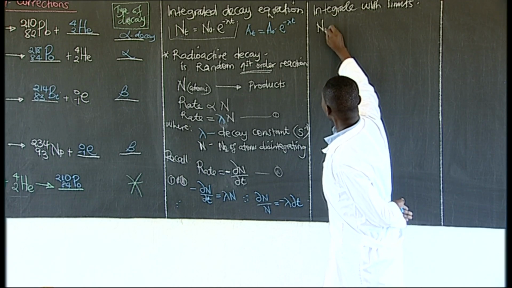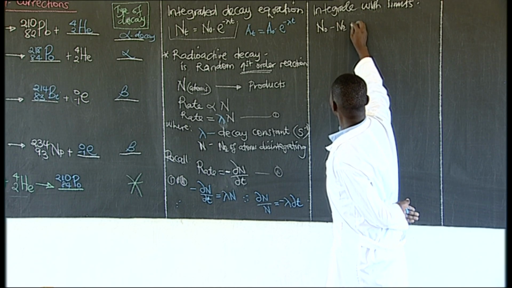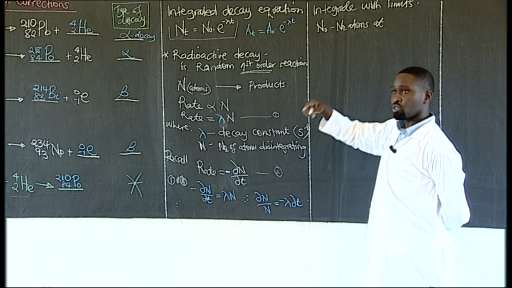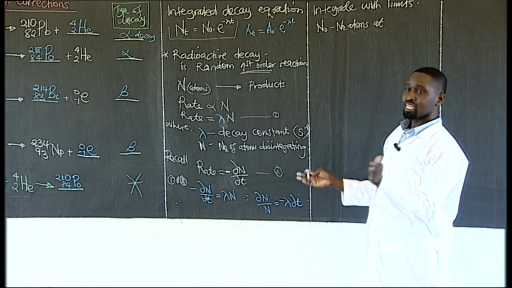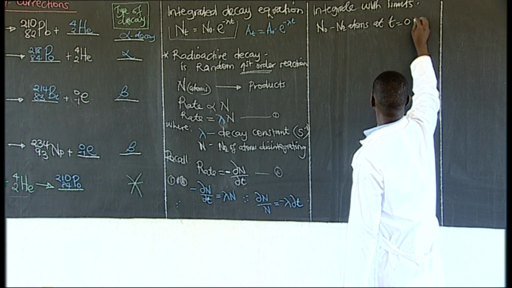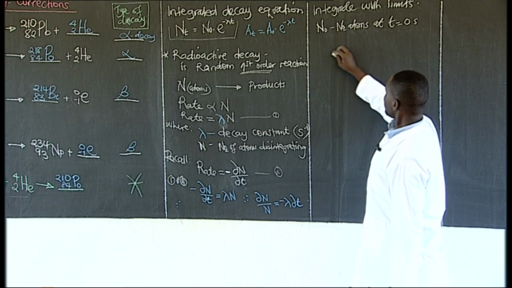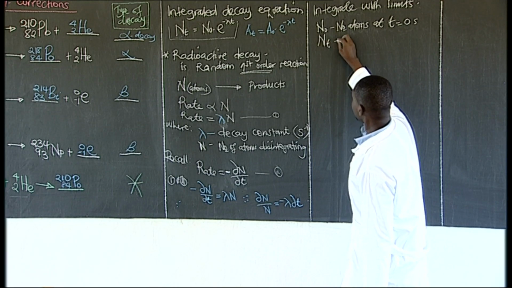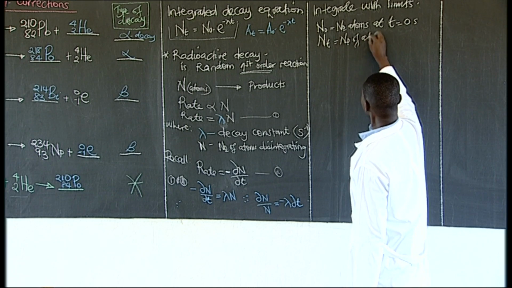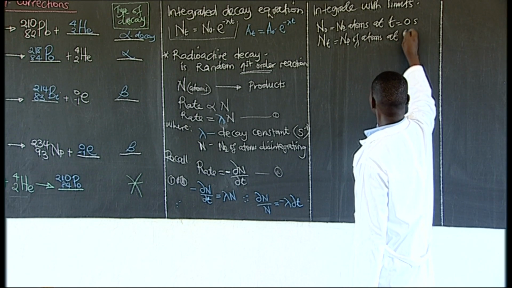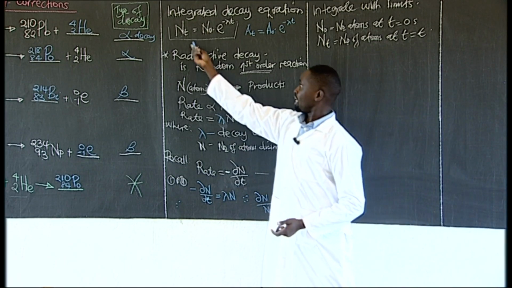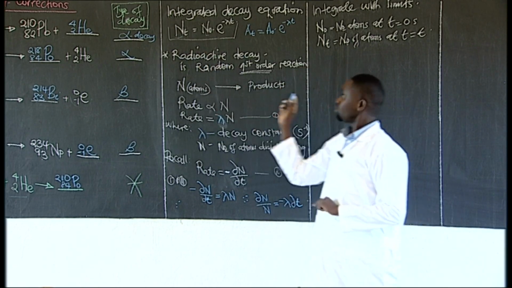If we take N naught as the number of atoms at the start of this integration, the atoms you have before the decay happens, and that is at time 0 seconds. We also take Nt to be the number of atoms at a certain time. Let's call the time t. Now you see where the Nt and N naught come from?